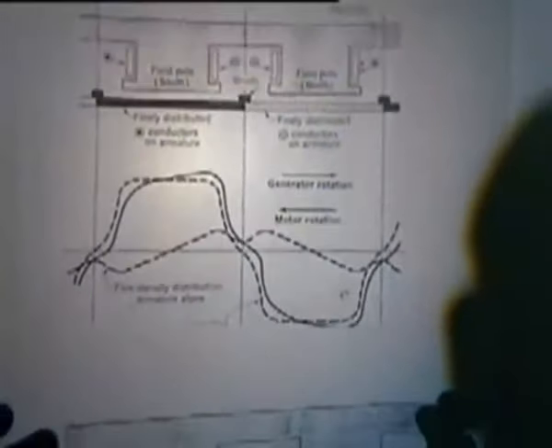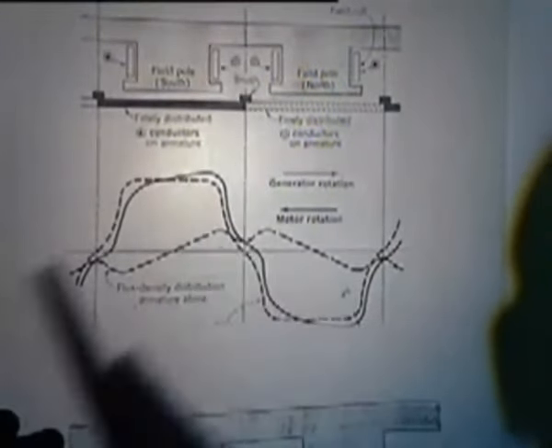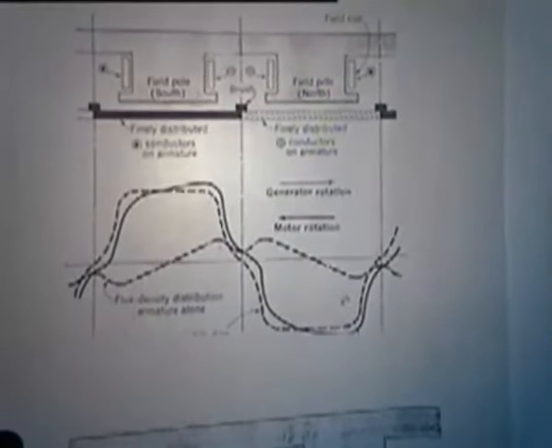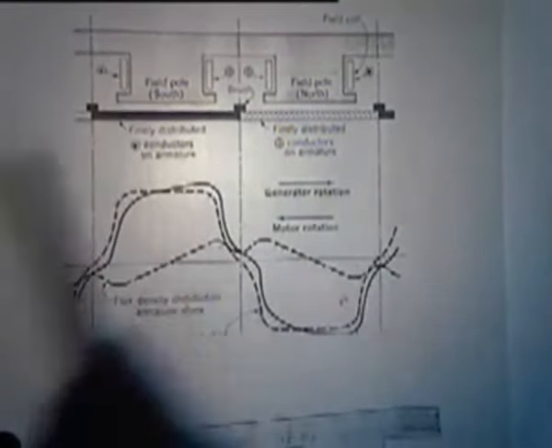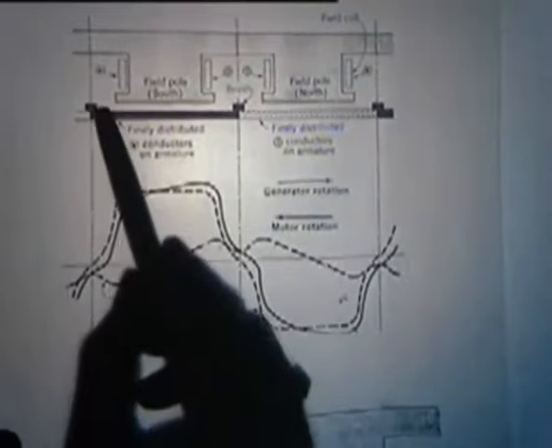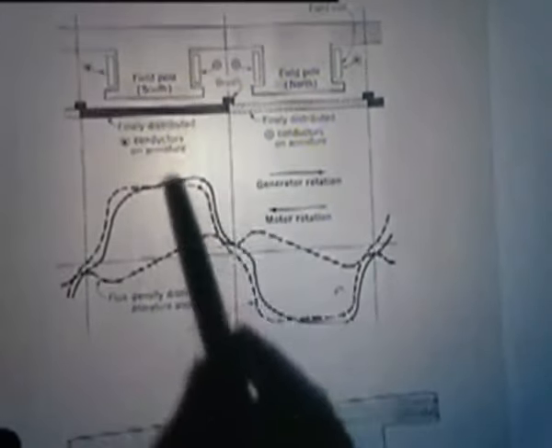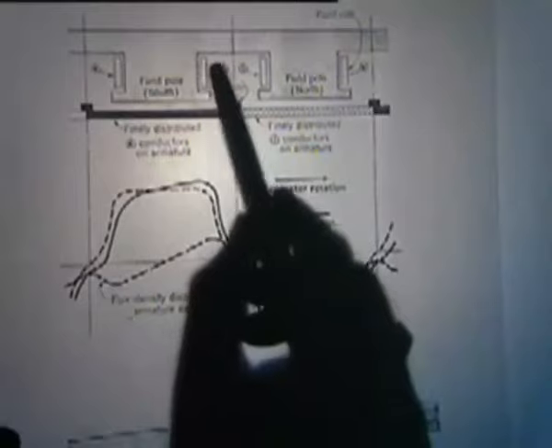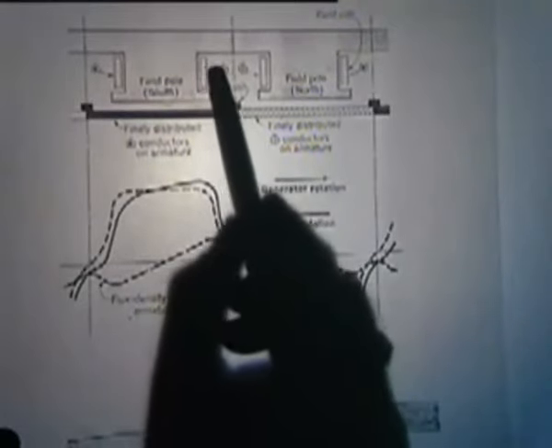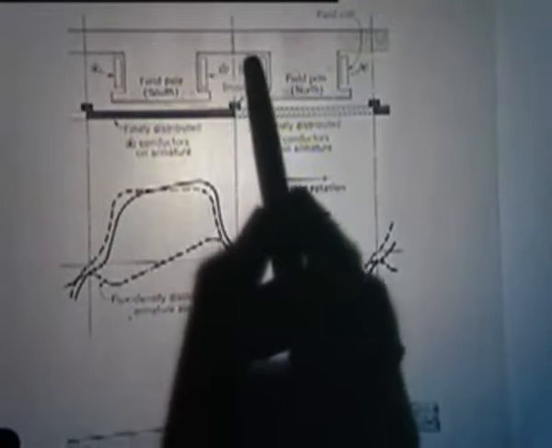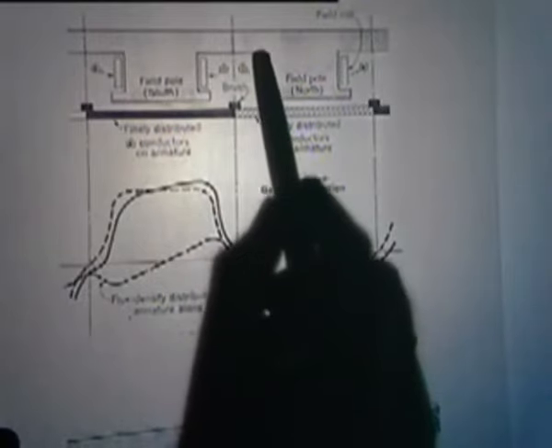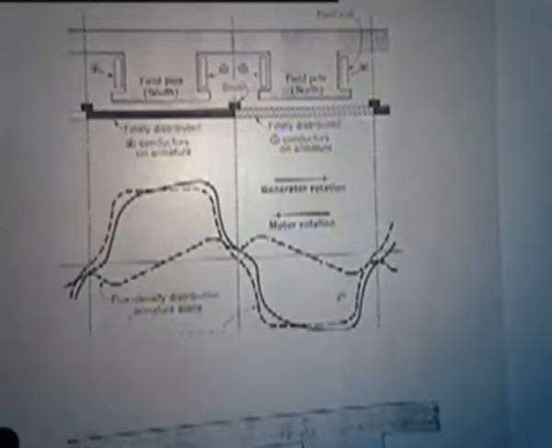So you will observe that both of them are excited, that means the field windings are excited as we see here, and the armature winding is also excited. This is the direction of current in the armature and this is the direction of current in the field as indicated. Current will go inside along these segments of the field winding and come out from this segment of the field winding.